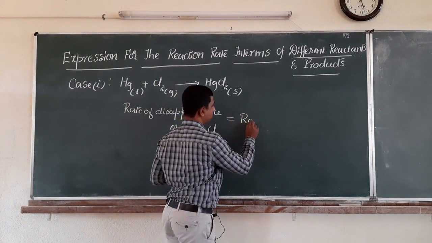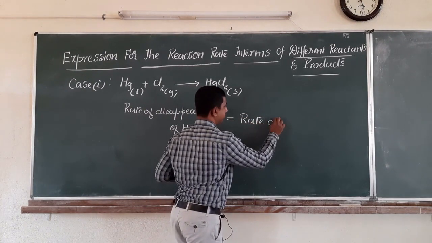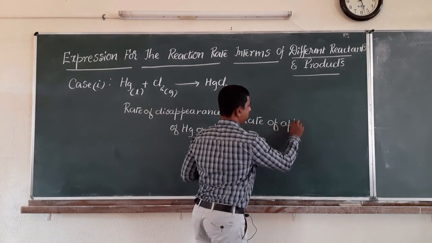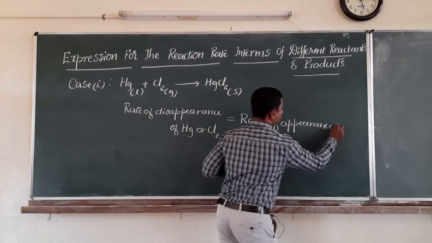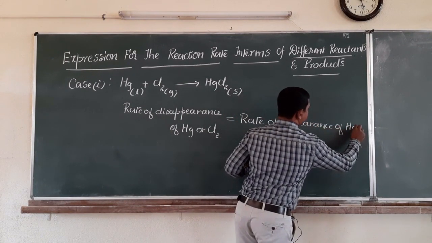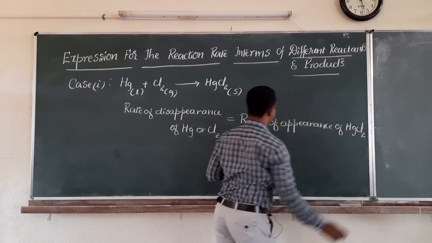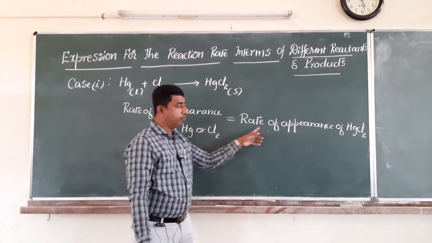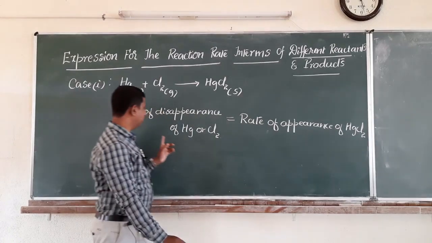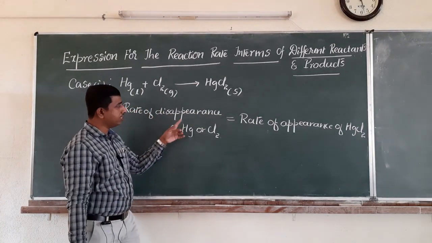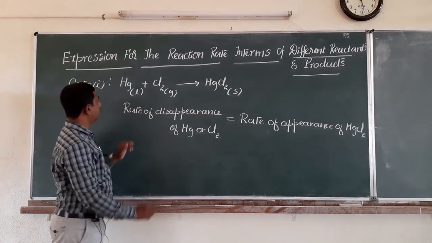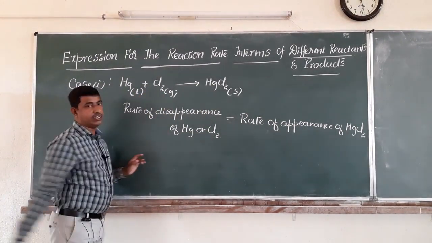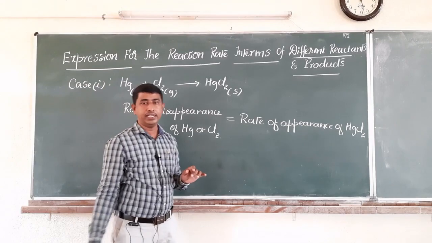is equal to the rate of appearance of HgCl2. Why is it the same? Rate of disappearance is equal to rate of appearance. This is because the stoichiometric coefficients of reactants and products are equal to 1, or are the same.